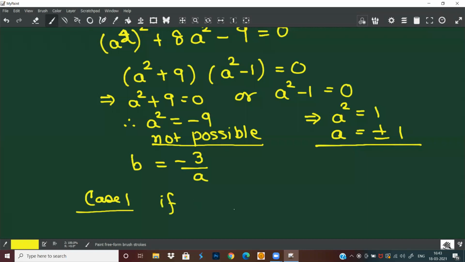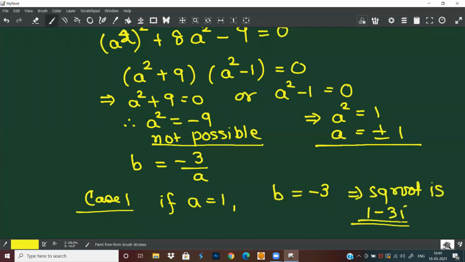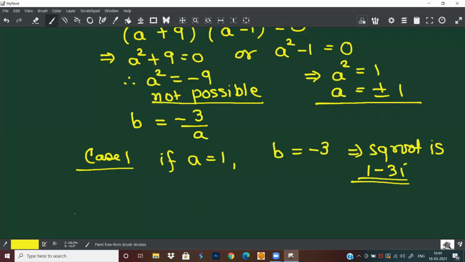Yes. So case 1, if a is 1, b is minus 3 upon 1. So the square root is a plus bi. So it is 1 minus 3i. We need the square root, we don't want only values of a and b, correct? And case 2, if a is negative 1, b will be plus 3.